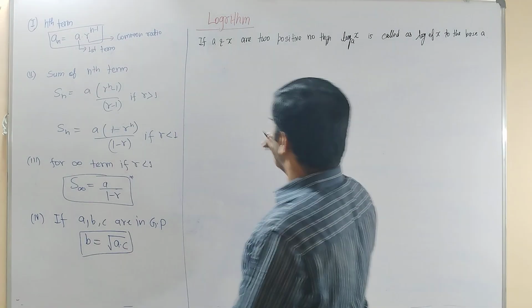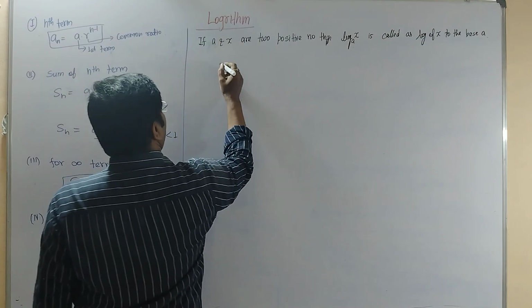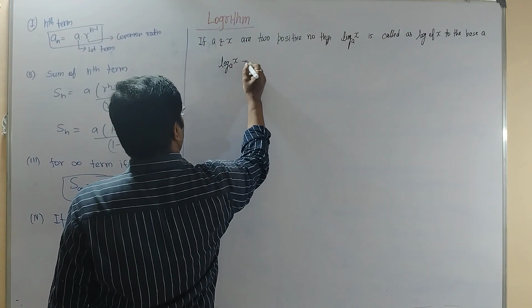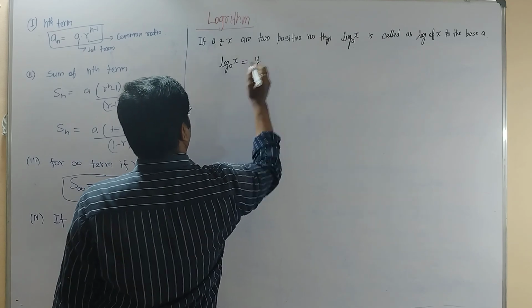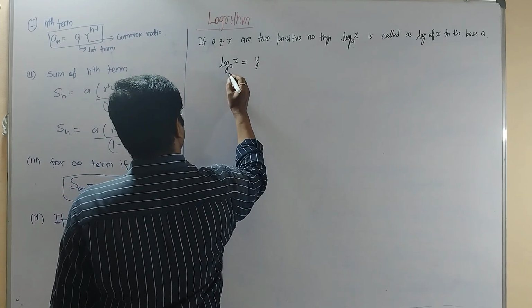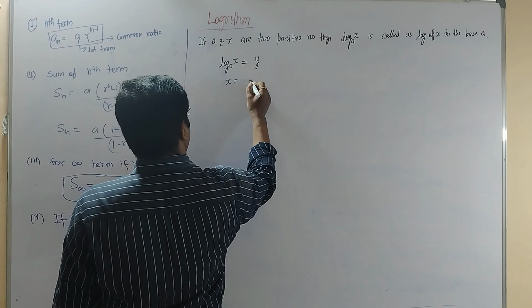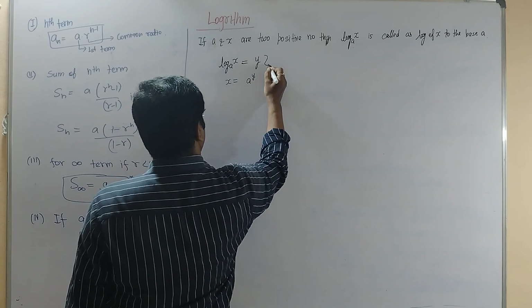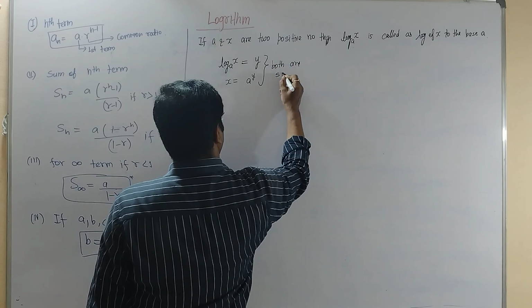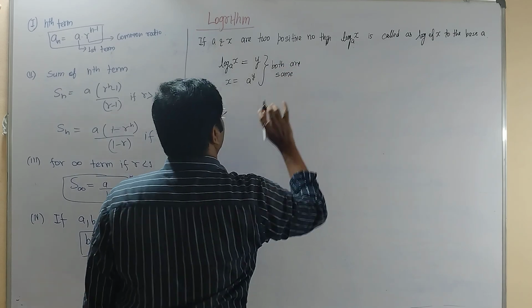If I'm saying log of x to the base a equals, let's say, y, then we can write x equals a to the power y. Both are the same thing, both equations are true.